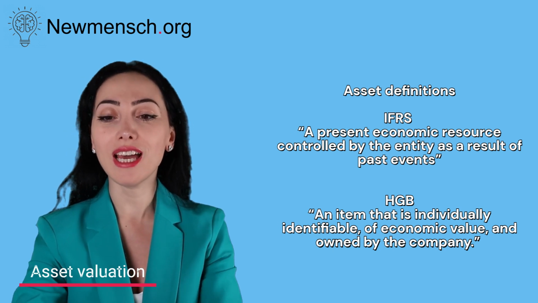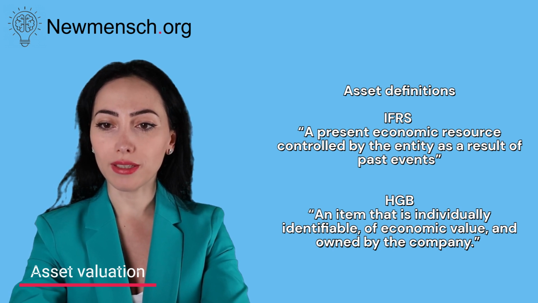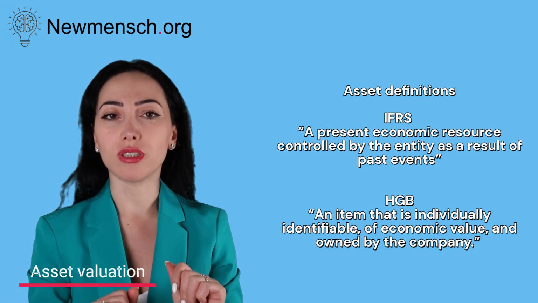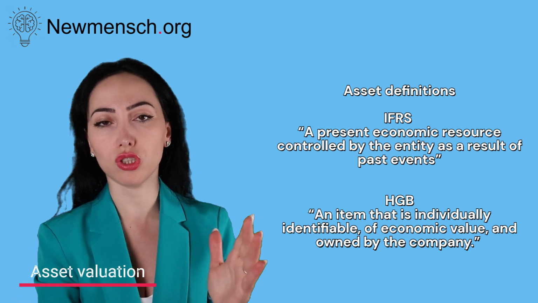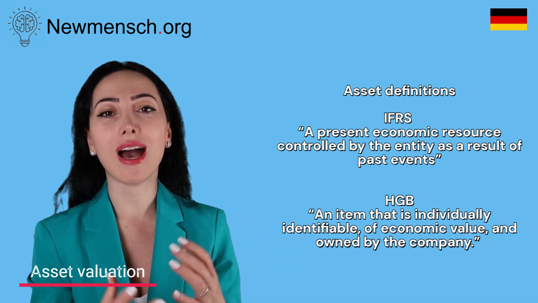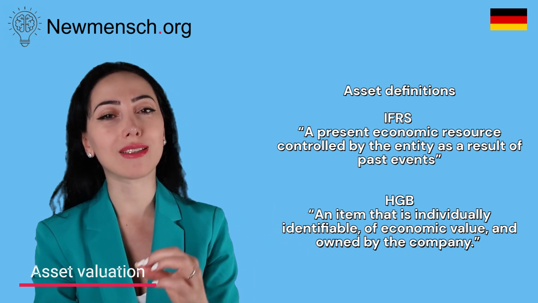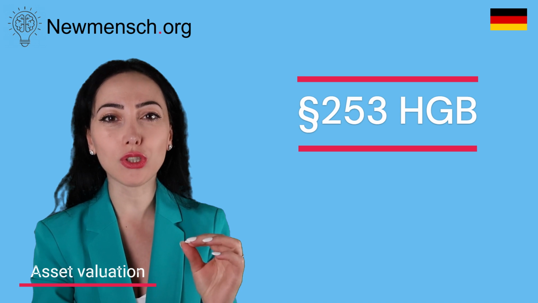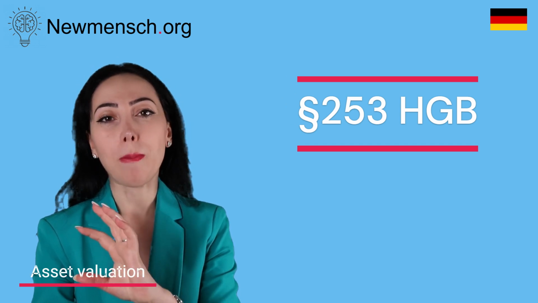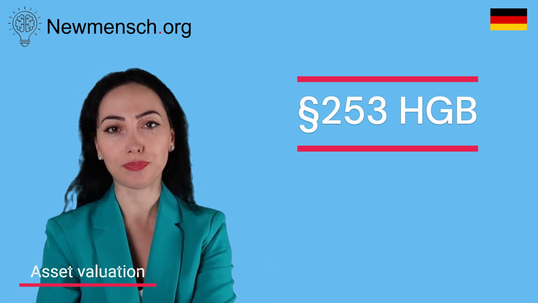Cost model, or historical cost model, which is the same, is generally connected to HGB because HGB is much cost driven, to say it makes historical cost the center of valuation, and mainly all assets are valued at historical cost.